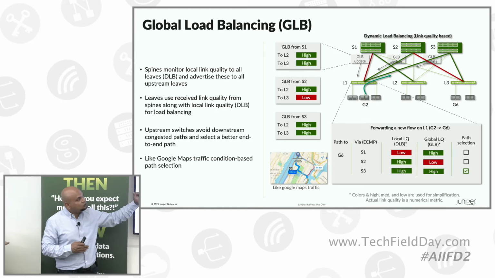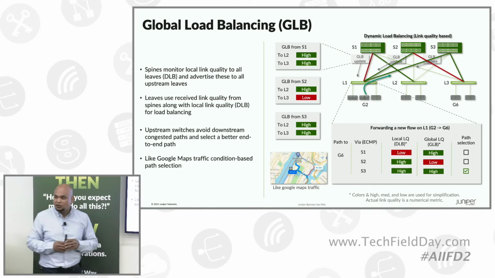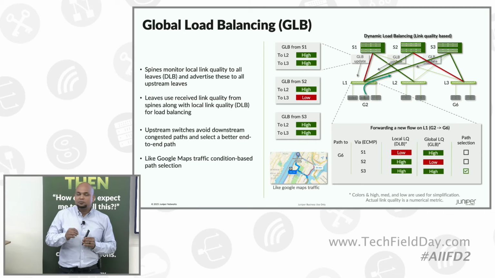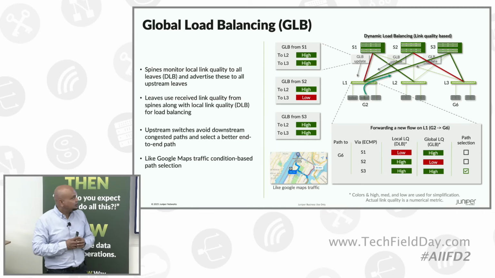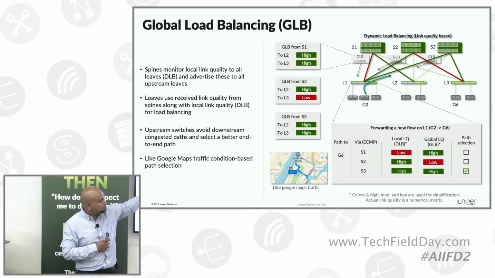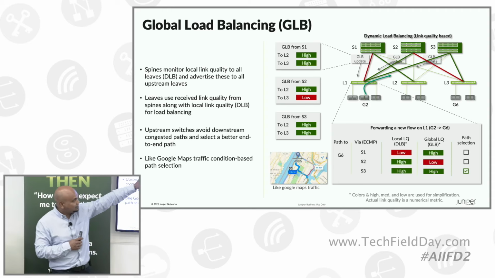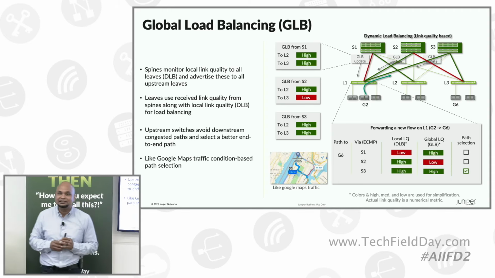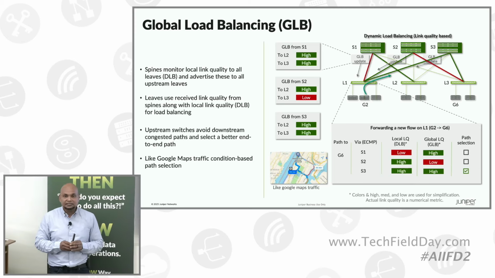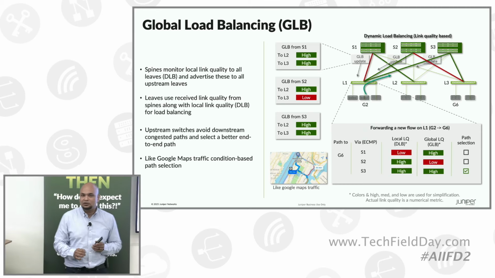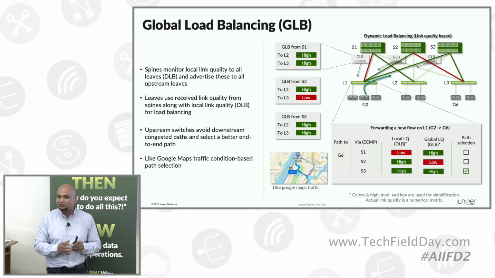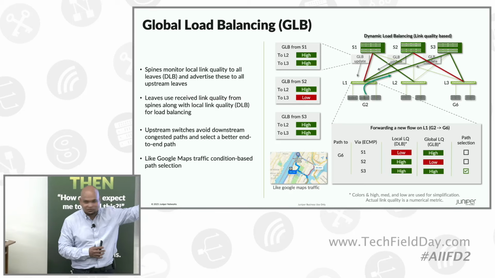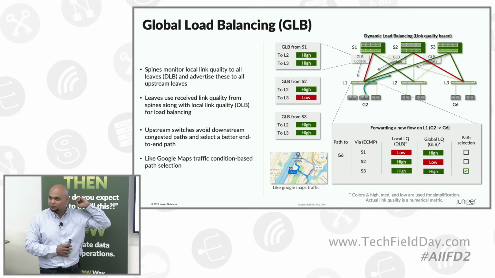So each leaf knows, for every destination leaf, which flows may take which path. Let's say the real-time update comes from S2 saying, hey, my link to L3, the one in red, is congested or highly utilized. Then the leaf needs to determine which flows may take that link, because it still needs to send all the traffic destined to the other 62 ports on that spine 2 still to spine 2.